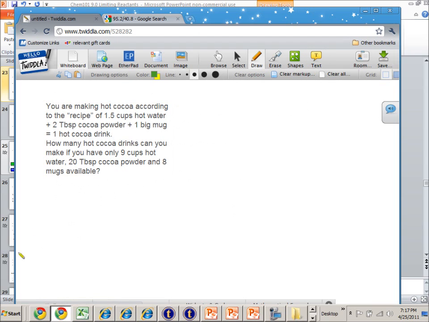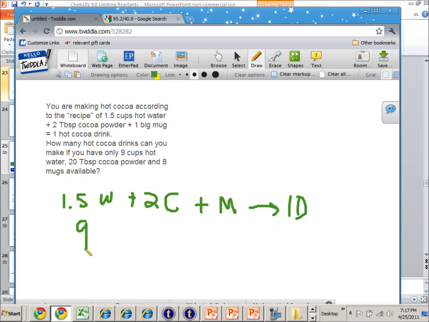Okay, so it's 1.5 water plus, look, it's not real chemistry, right? Plus 2 cocoa plus mug gives 1 drink. Okay. And they give us 9 cups of hot water, 20 tablespoons of cocoa powder, and 8 mugs.